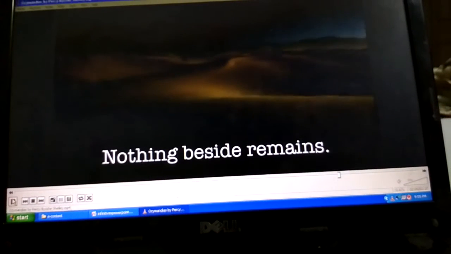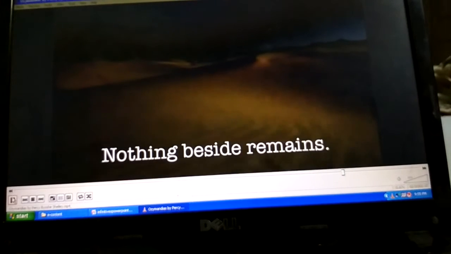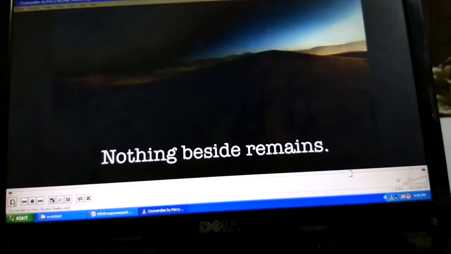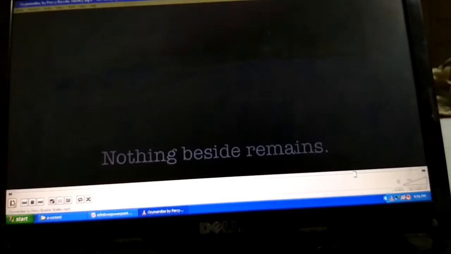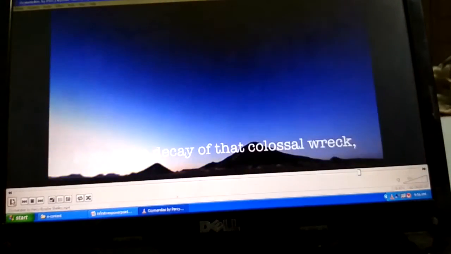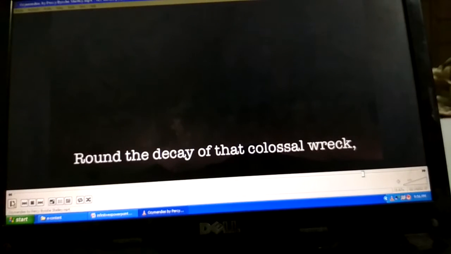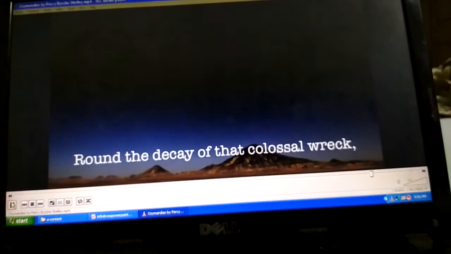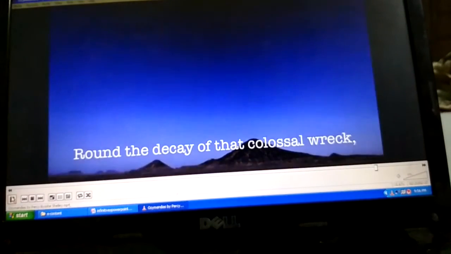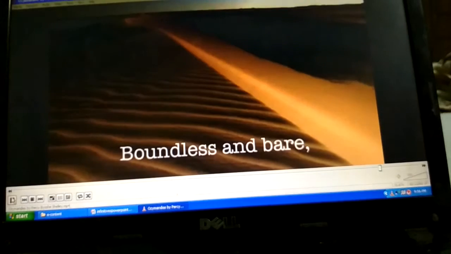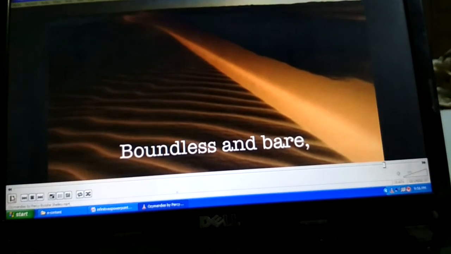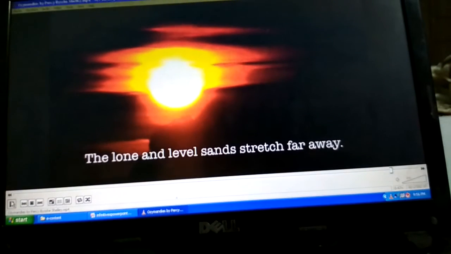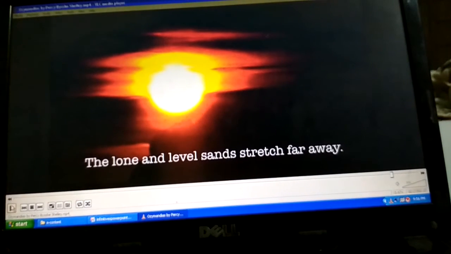Nothing beside remains. Round the decay of that colossal wreck, boundless and bare, the lone and level sands stretch far away.